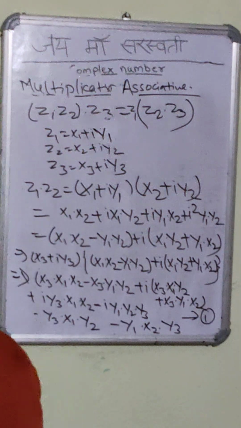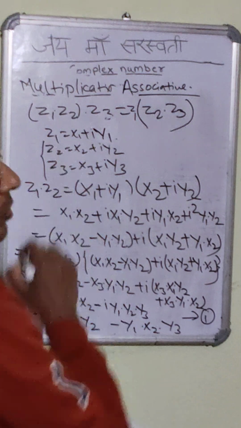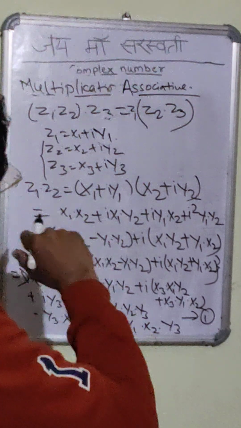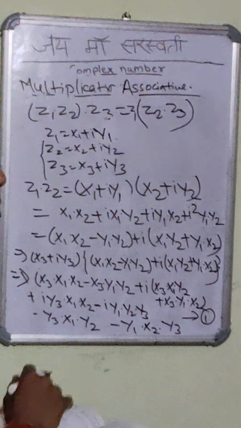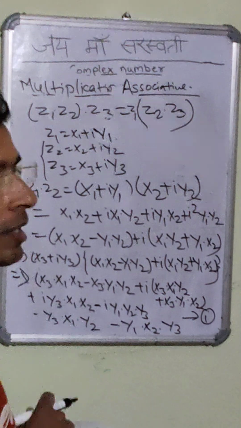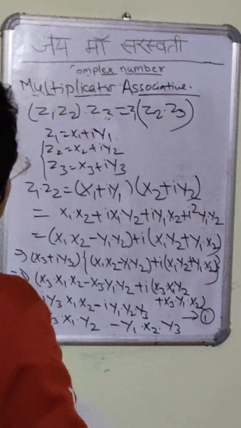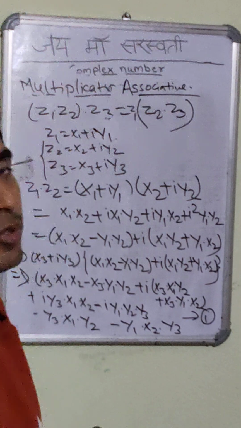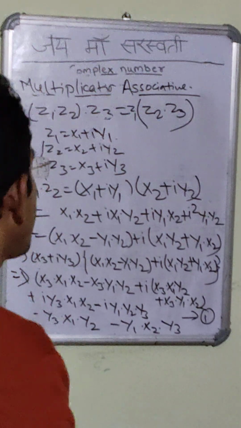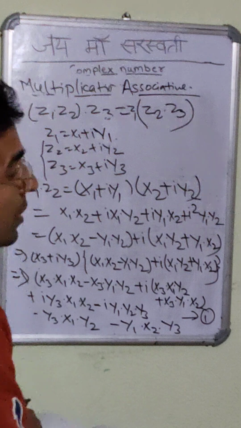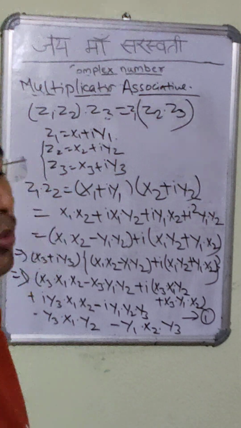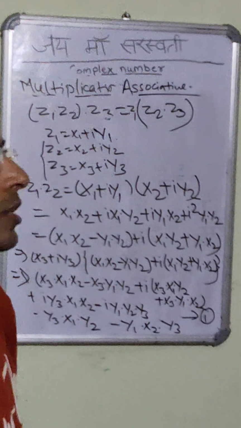Similarly, we will be using Z2 into Z3 together, and we will be multiplying these two entities with Z1, and the conclusion is we will find that Z1 into Z2 into Z3 is equal to Z1 into Z2 into Z3. So we have established that the product of complex numbers is associative in nature.